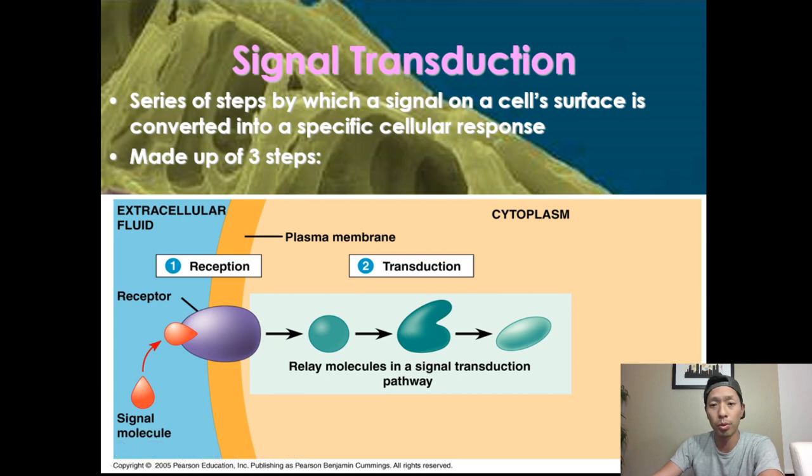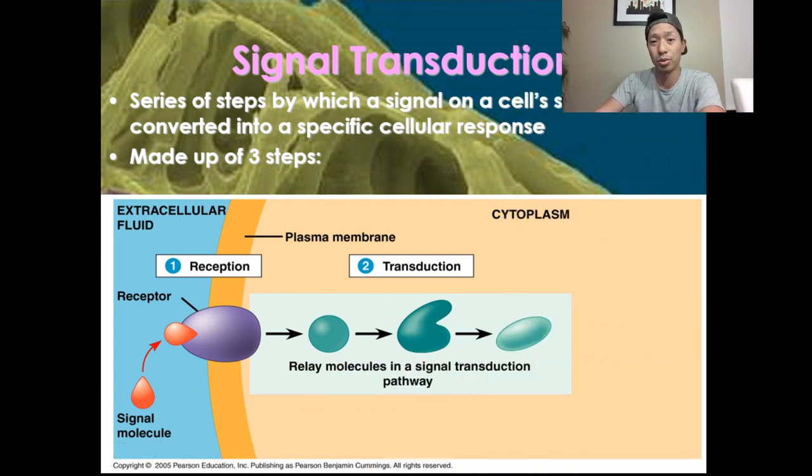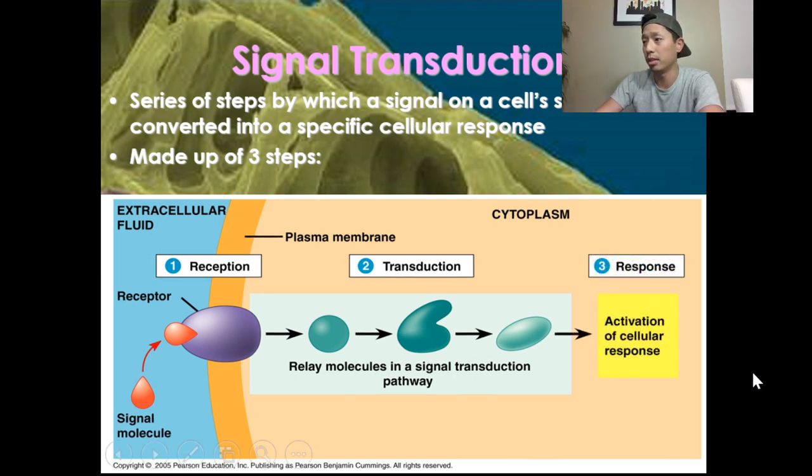Now, ultimately, where do we want to get that message? Well, you want to get it to the part of the cell that is going to control everything. And so, what's the big boss of the cell? It's going to be the nucleus, right? So one way or another, you're going to activate a cellular response, and that usually involves some level of transcription or translation at the nucleus, right?